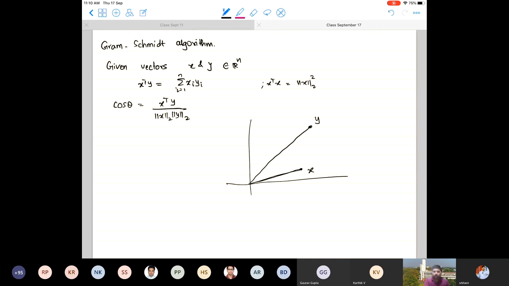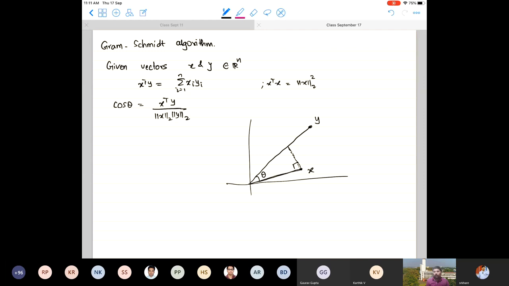In order to do that, let us try to do this geometry. Suppose I complete this right angle triangle. This angle between the two vectors is theta. This is a right angle triangle.